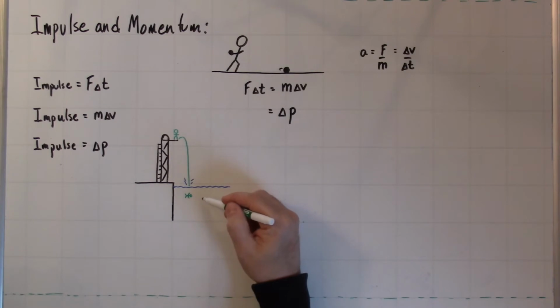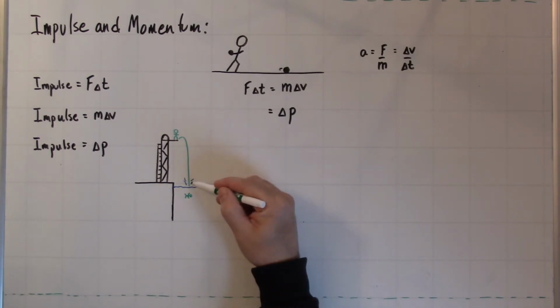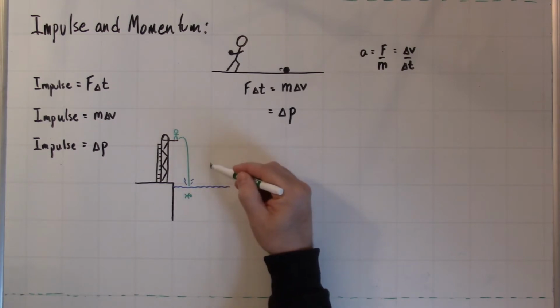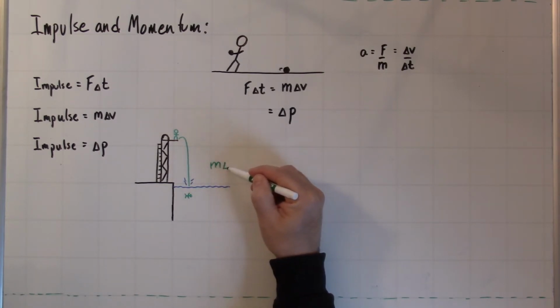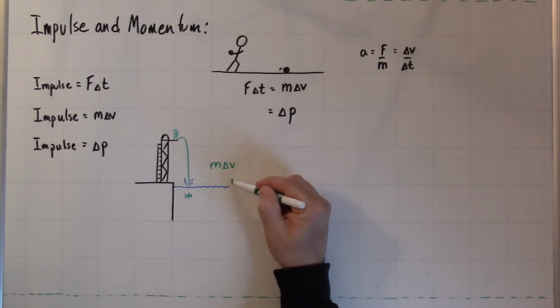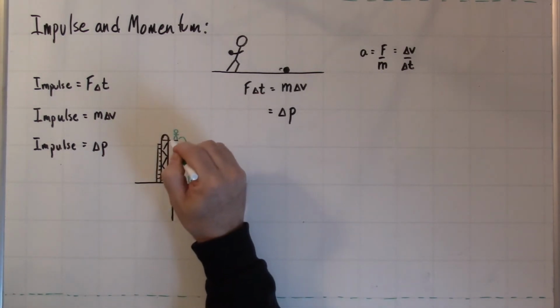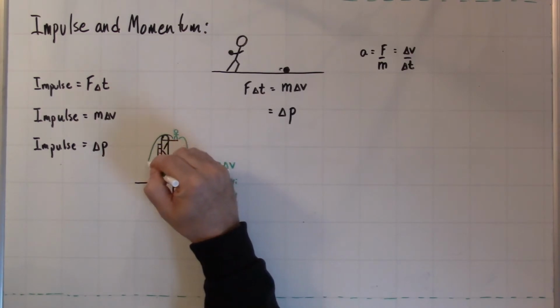So in this case, you have your mass, and right before you hit the water, you were moving, and then you came to a stop. So you have your mass times your change in velocity. Your initial velocity is right as you hit the water, and your final velocity is when you stop. You could do that, or you get scared and you freak out and you could jump onto the concrete.